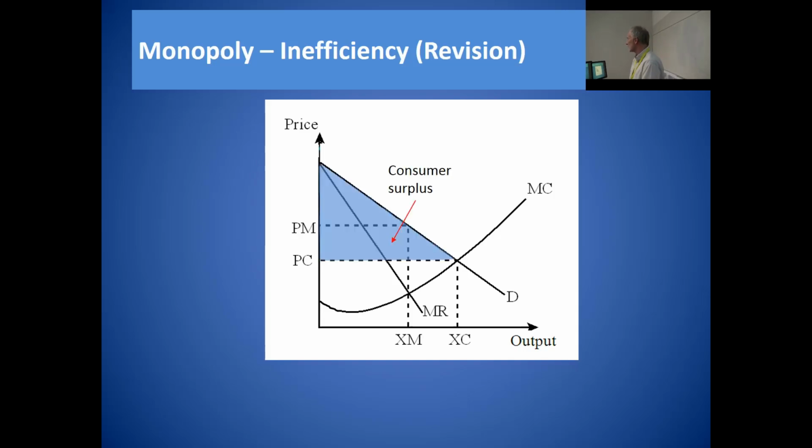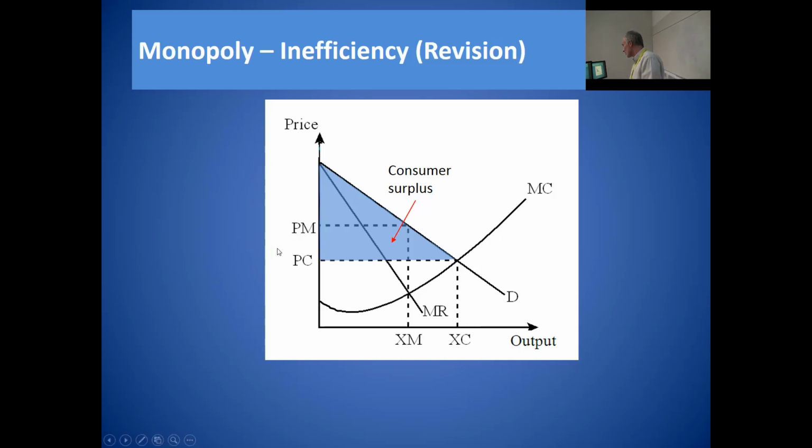So, in terms of consumer surplus, what is consumer surplus? Consumer surplus is that net benefit that consumers get from paying a lower price for something they value more highly. If you value something at £20 and yet you can buy it at £10, you would make a net surplus of £10. You only pay £10, but you'd be prepared to pay 20. The difference between the two is consumer surplus.